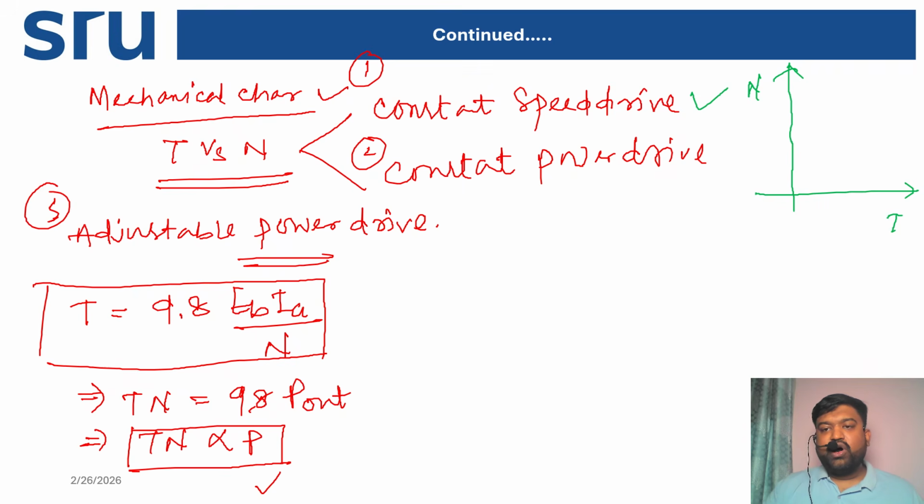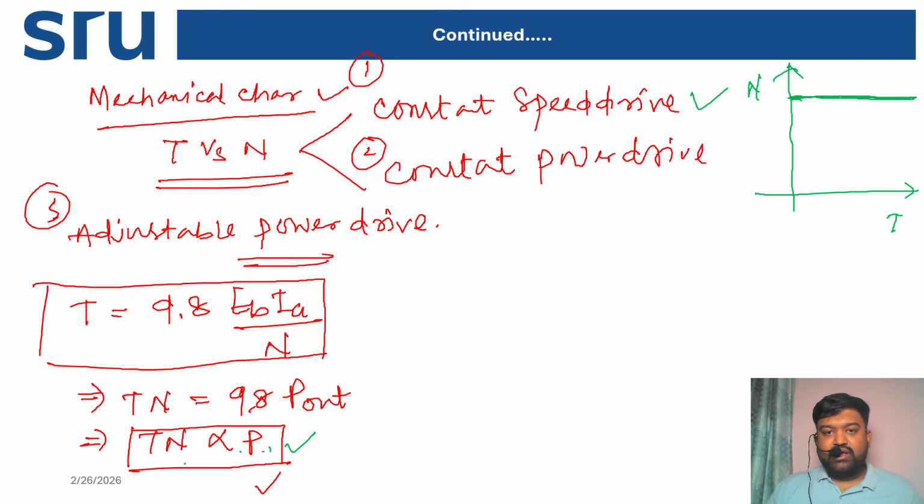The constant speed drive is like that any value of the torque, you are getting the constant speed. Because if you see the equation, the torque and speed are directly proportional to the power, right? If you make the power constant, then the speed will become constant.